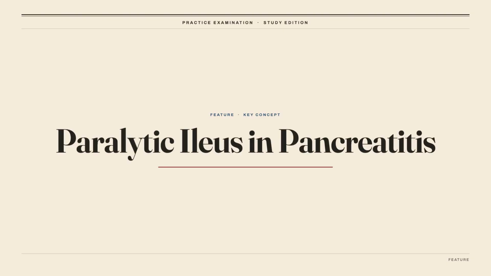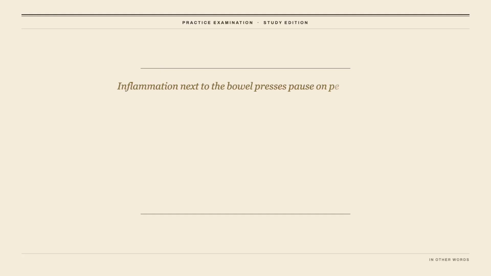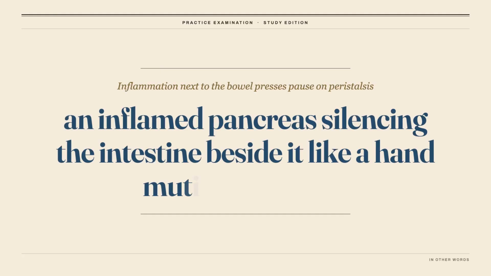Silent bowel sounds across all 4 quadrants sound alarming, but in acute pancreatitis, this is often an expected finding, not a crisis. Understanding why prevents both panic and dangerous complacency. The pancreas sits directly against the retroperitoneal bowel, and inflammation there suppresses motility even though the bowel itself is structurally fine.